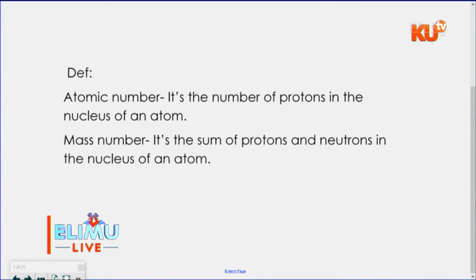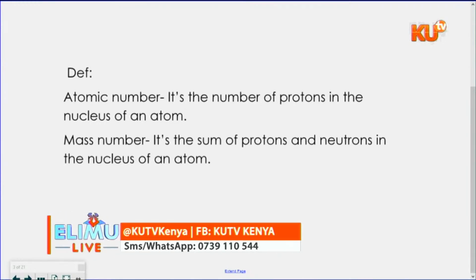Mass number is the sum of protons and neutrons in the nucleus of an atom. So if the mass number is 40, it means if I take 20 protons and 20 neutrons, then I'll get the mass number.